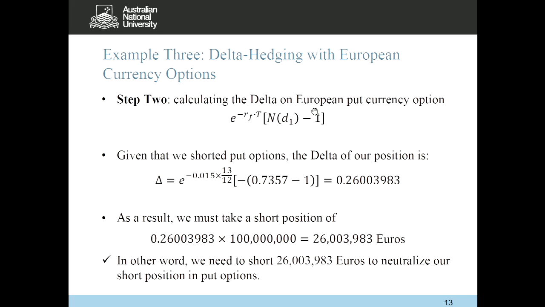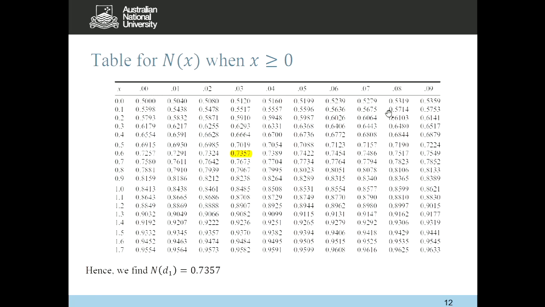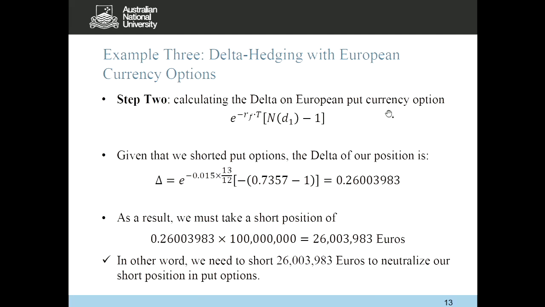So in other words, we don't need to hedge the full amount. N(d1) minus 1 is the full amount. We hedge an amount that's slightly less than this. That is N(d1) minus 1 discounted by the foreign risk-free rate. And again, because we are shorting the put options, we know that short the put option, you must get positive delta.